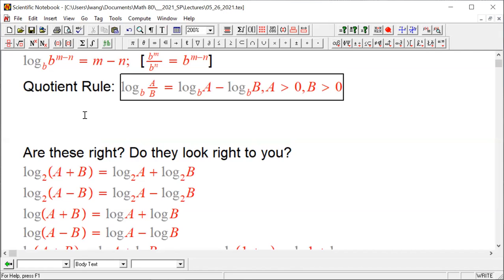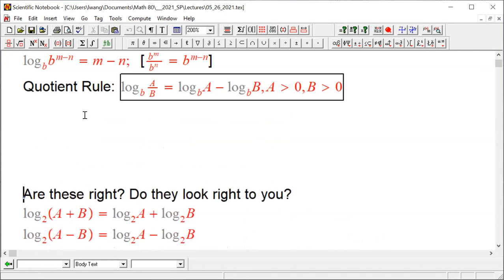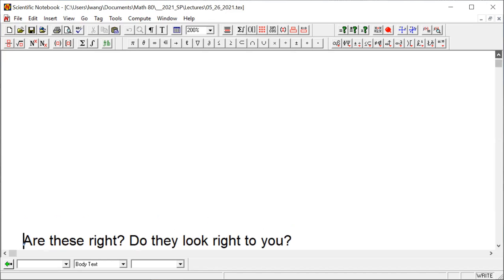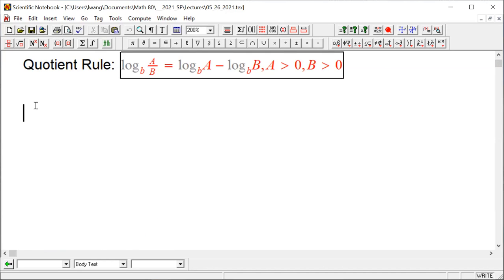Now, let's look at the third one. Okay, the third one in basic 61A. Okay, let's see what it is. Okay, how is this derived? Do we know this fact? This is true for any base, right? For any base b, right?